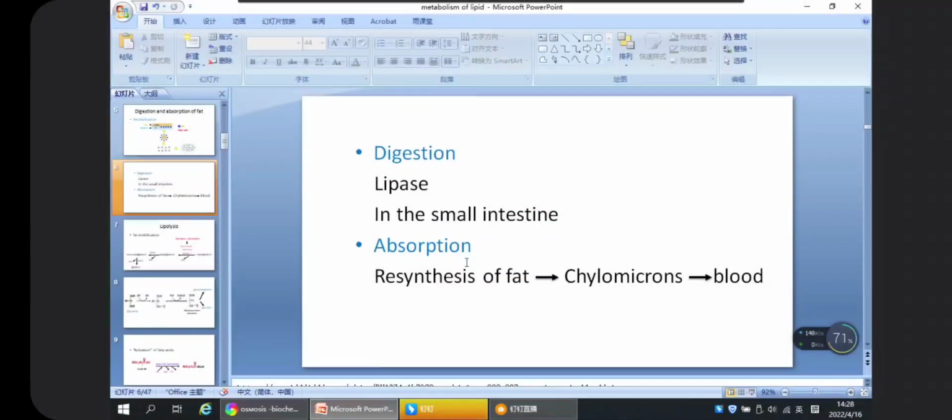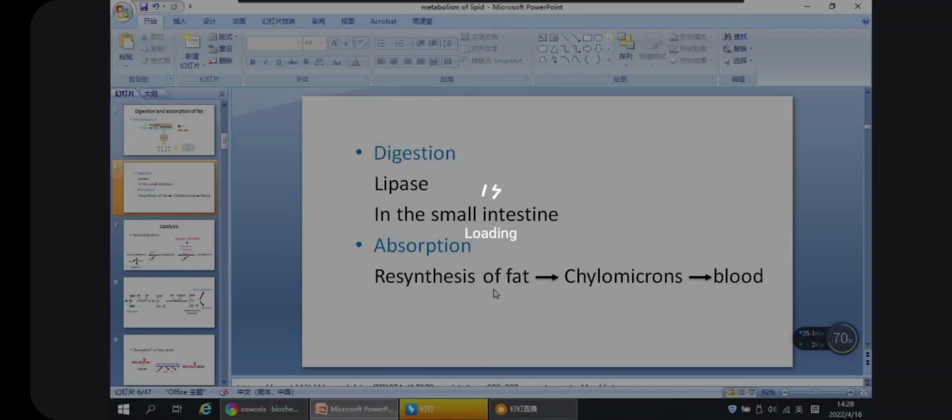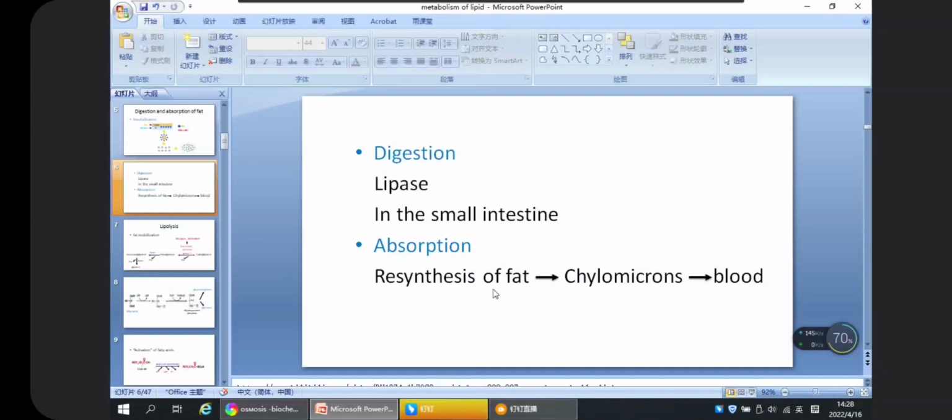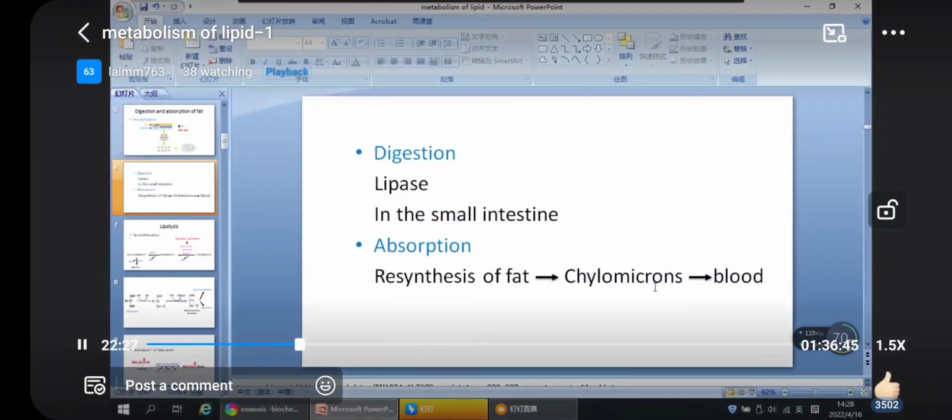Epithelial cells can release glucose and amino acids into the blood without any change. But in the absorption of fat, the fatty acids or the monoglyceride are resynthesized in the epithelial cells into fat and then released into the blood as chylomicrons.